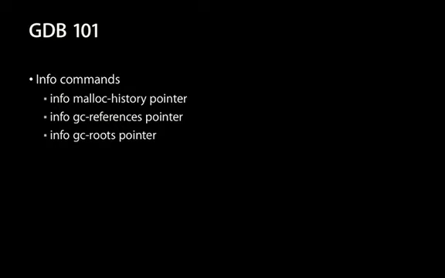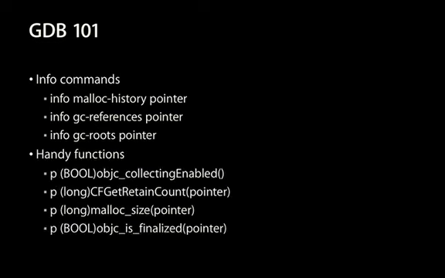Info gc-references gives you all the pointers to a particular object that there are. And gc-roots gives you all the pointers plus all the paths from the roots that lead to your object. So this gives you similar information to Instruments. Also, there's some handy one-liners. You can call objc_collecting_enabled from the debugger and find out, are we really running the collector? Sometimes things don't happen like you expect because you're not actually running the collector.